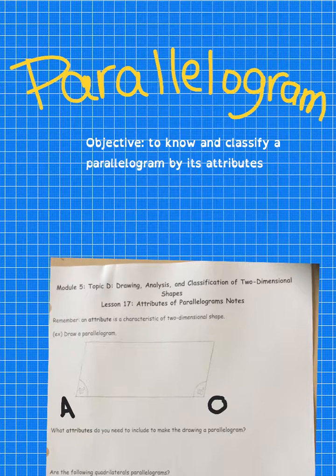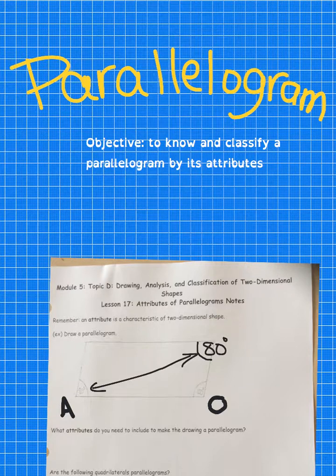So, for this illustration here, we're going to show that these two angles need to be equal. Okay? So if this one over here is 80, this one over here must be 80.